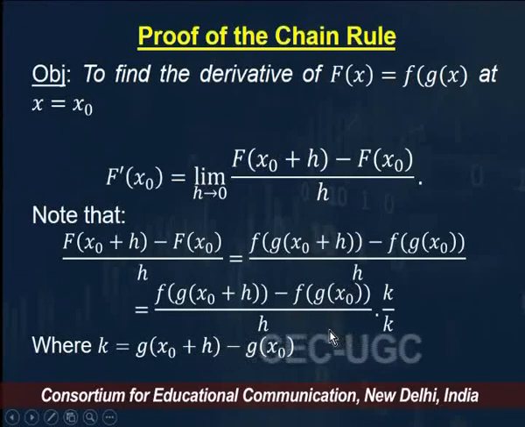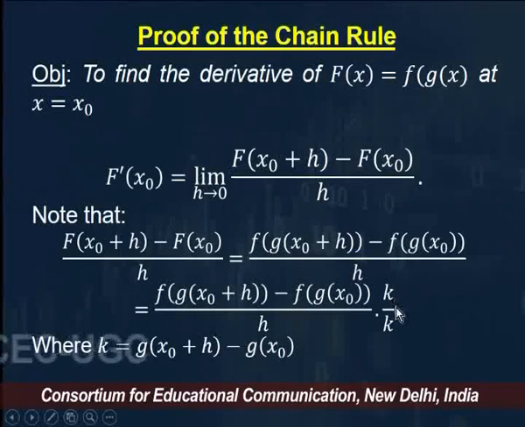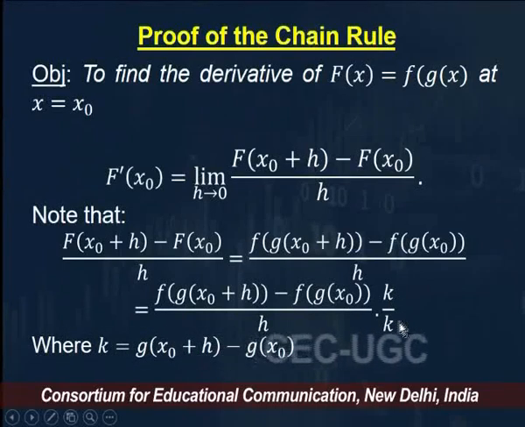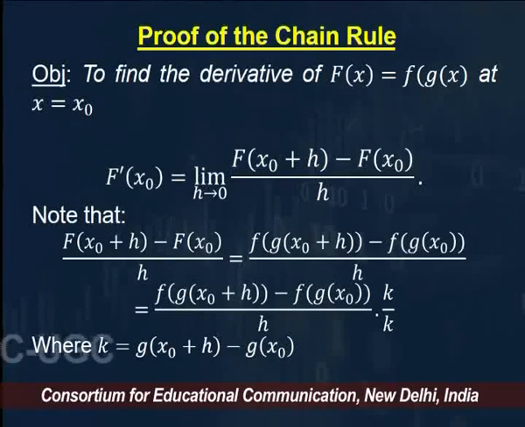What I have done here is multiply and divide this whole expression, which is a Newton quotient, by this number k, where k is equal to g of x naught plus h minus g of x naught. So k tells me by how much the function g changes when x changes from x naught to x naught plus h.